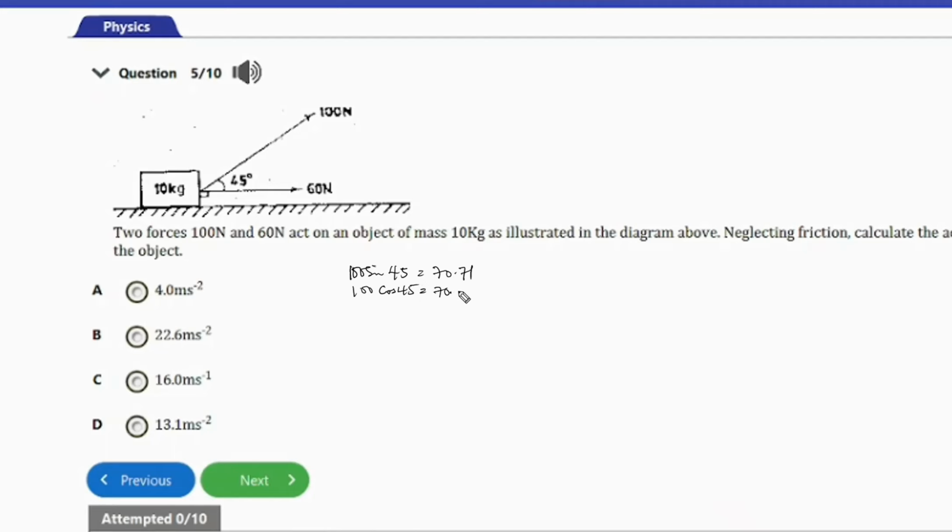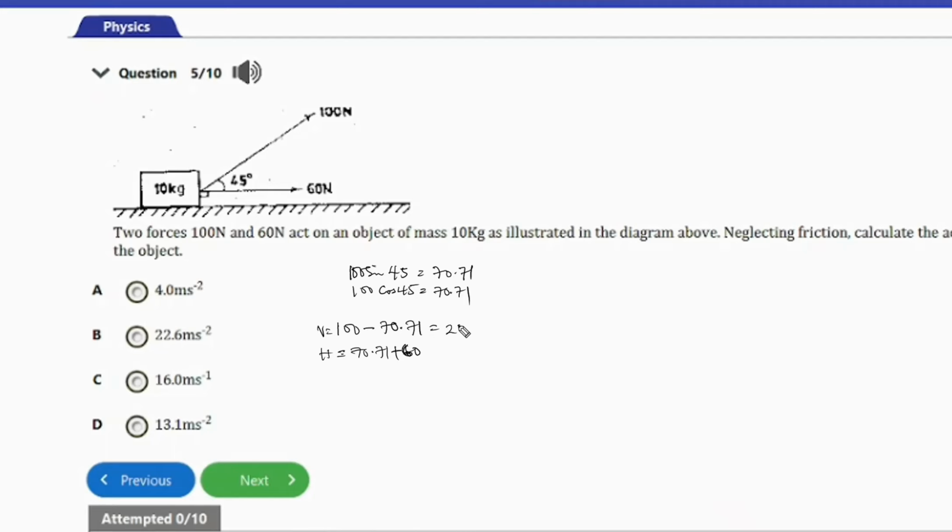So guys, now the vertical forces acting on this mass will be the 100 newtons minus 70.71, whereas the horizontal forces acting on this block will be the 70.71 plus this 60 newtons here.